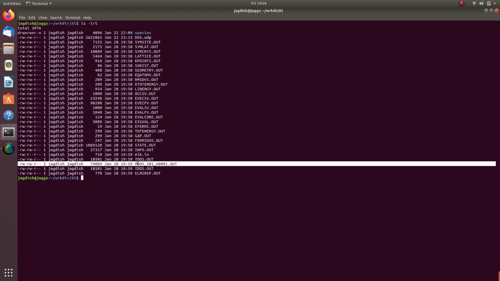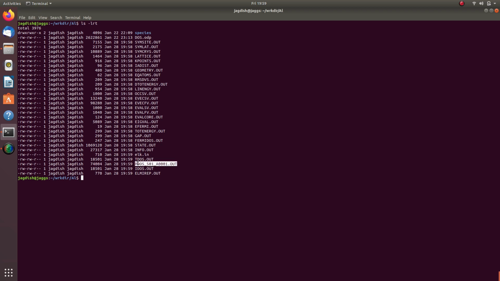After that the code has written PDOS, IDOS, and ELMIREP. We will be mainly focusing on practical things as of now, not too much into the theoretical details. The practical file which is of interest is TDOS, which refers to total density of states.